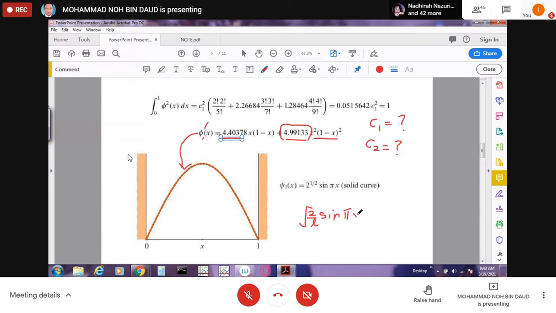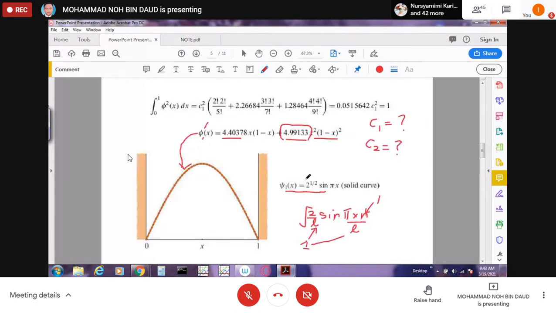This is the lower state, where L is set to be 1 here. Now this is the ground state. More or less, the shape of this function is like the true wave function.